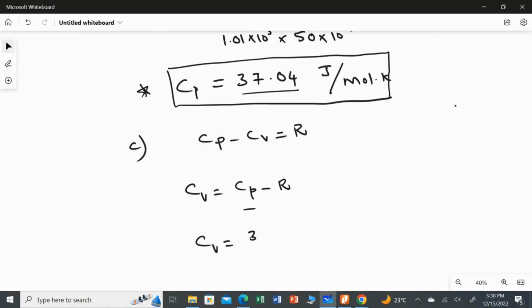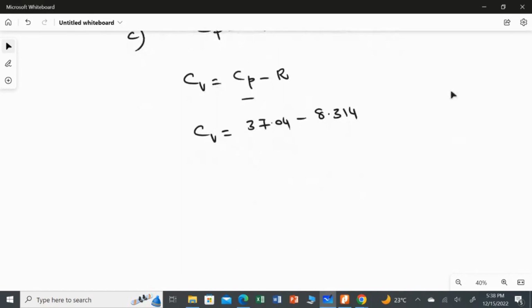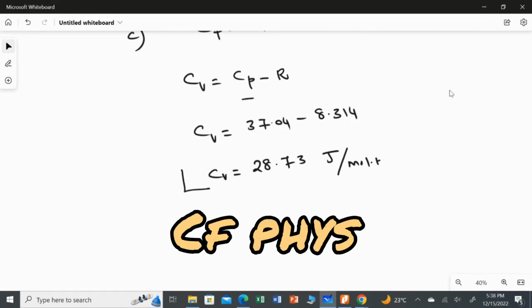Cv equal to 37.04 minus the gas constant 8.314. When you subtract 8.314 from 37.04, we get the final answer as 28.73. And what's the unit? Again, the unit here is joules per mole Kelvin. So this is the answer for the third part. Clear? That's it. Thank you.